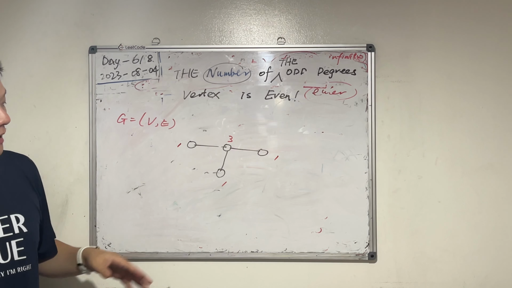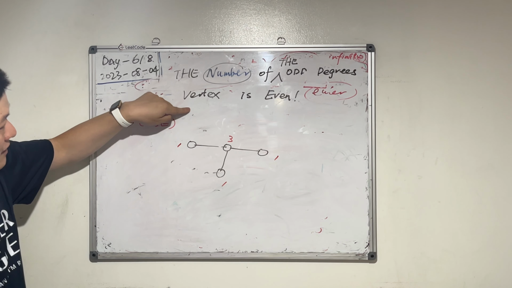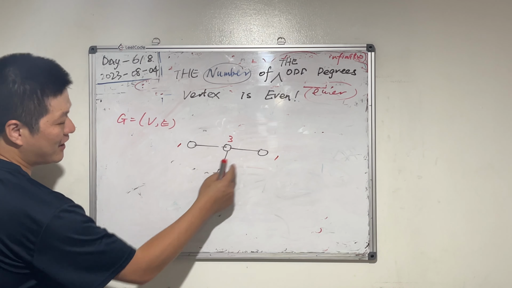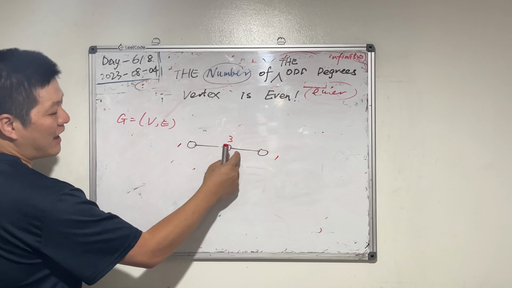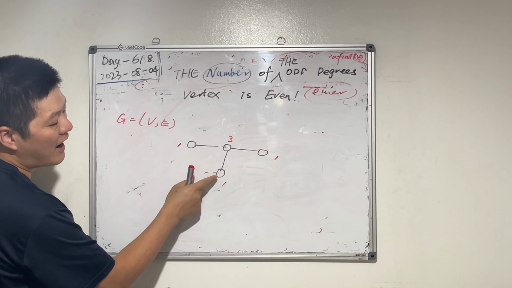The number of vertices which have odd degrees is even. Look, these are 4 vertices which all have odd degrees. So how many? 1, 2, 3, 4. 4 is even.